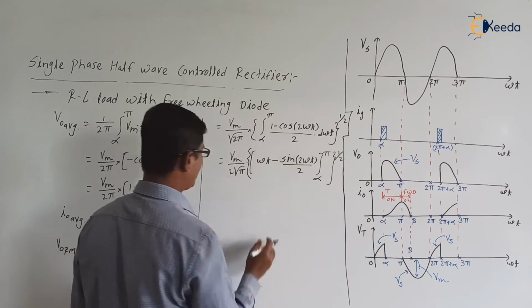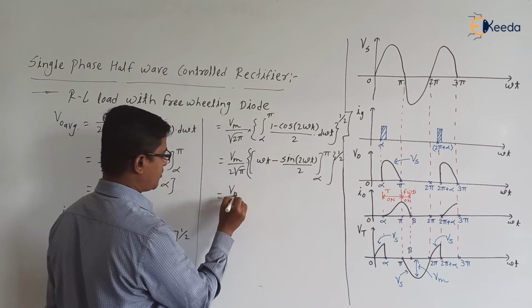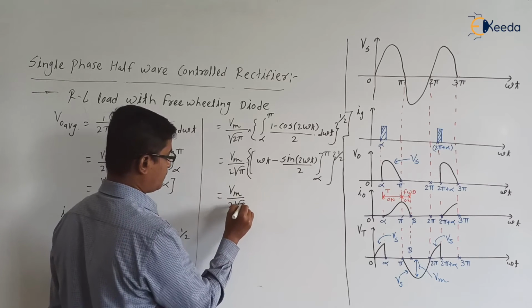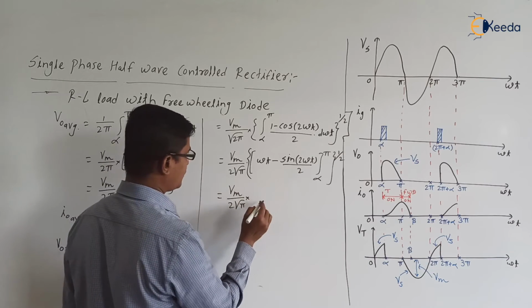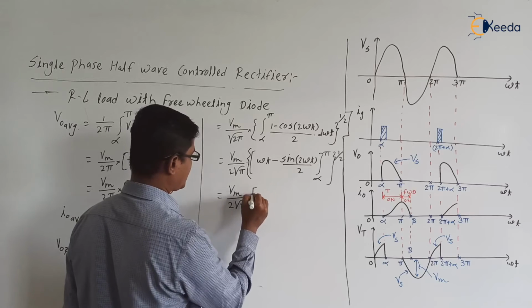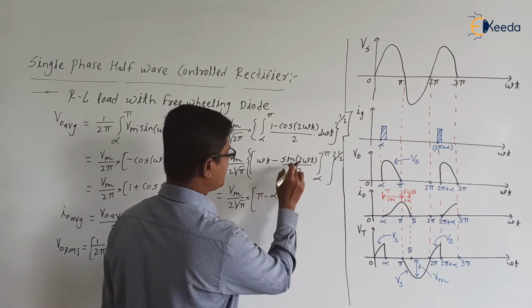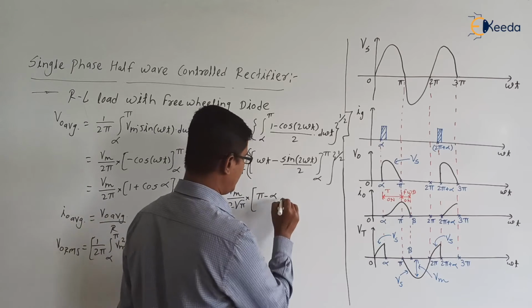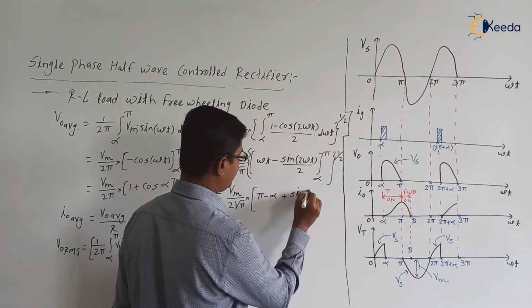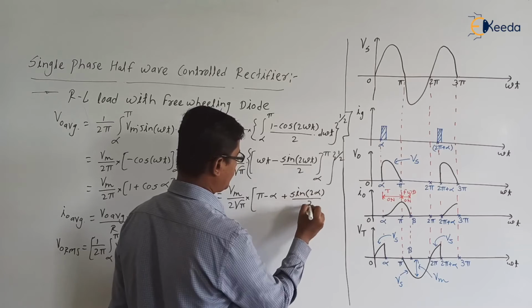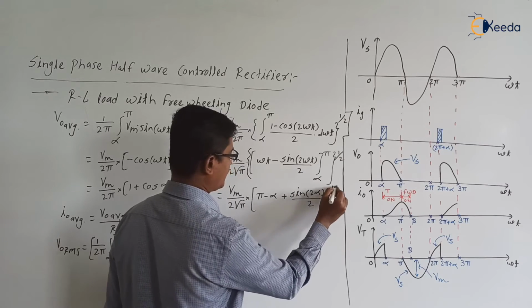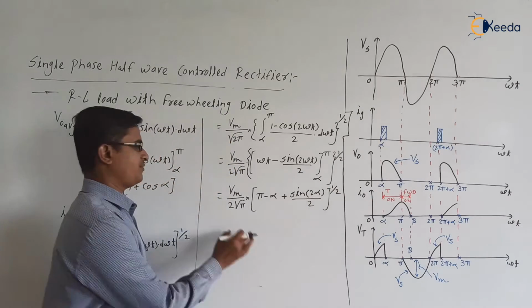Further, putting the limits, Vm upon 2 root pi into pi minus alpha minus sine 2 pi, where sine 2 pi is 0, plus sine 2 alpha divided by 2, to the power 1 by 2. This is the V0 RMS.